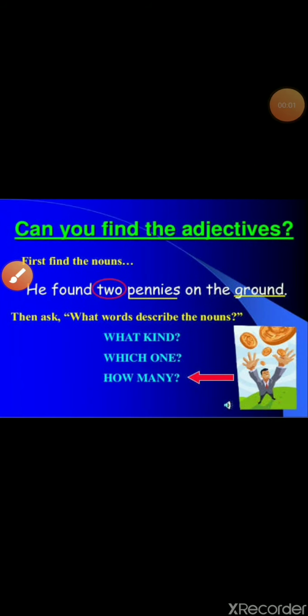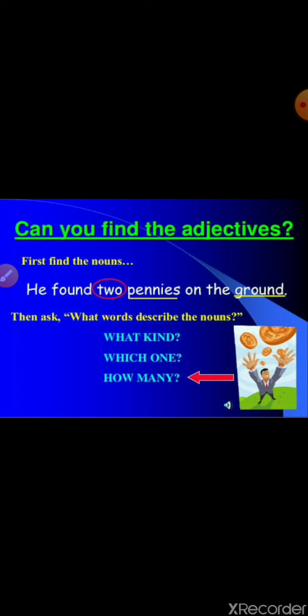Let's move on ahead. On the screen there is a slide and you can read it. Can you find the adjective in the sentence? First, find the noun. If you want to catch the real adjective in the sentence without any error, very simple thing, you need to go to the noun. He found 2 pennies on the ground.